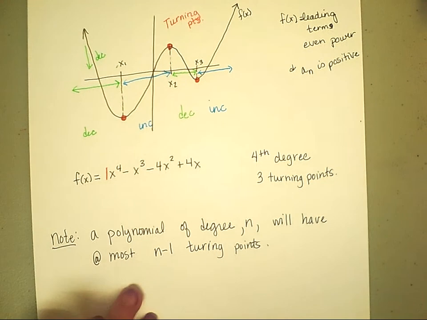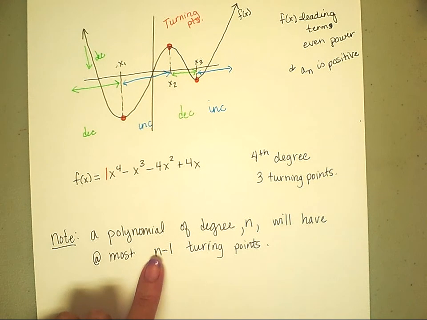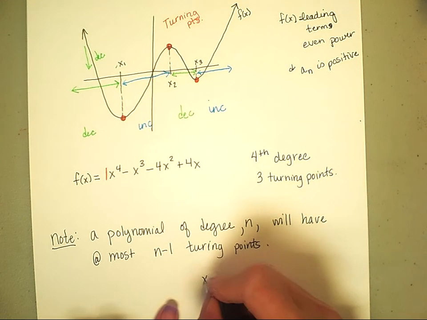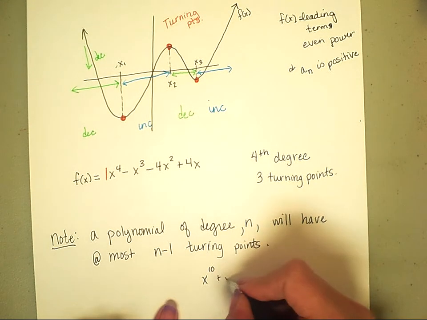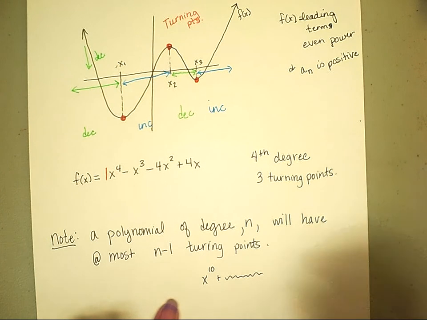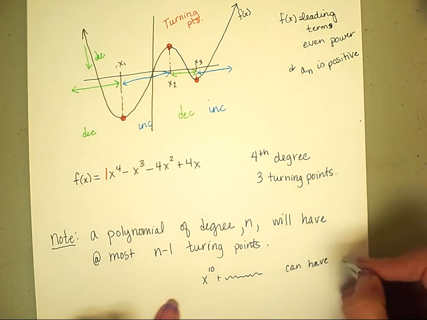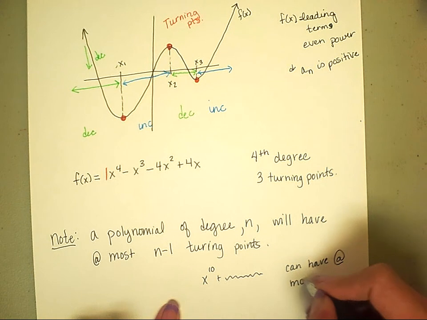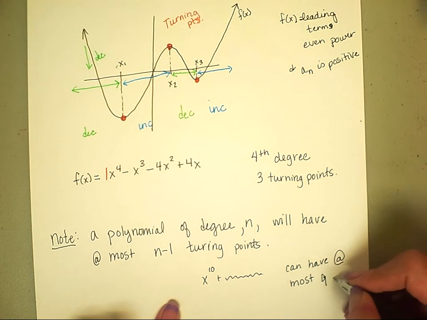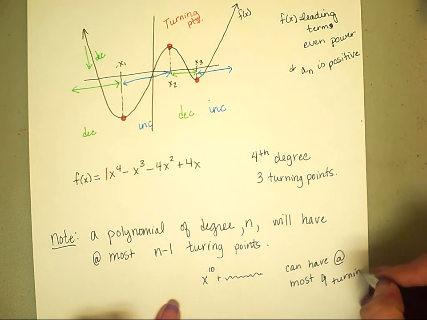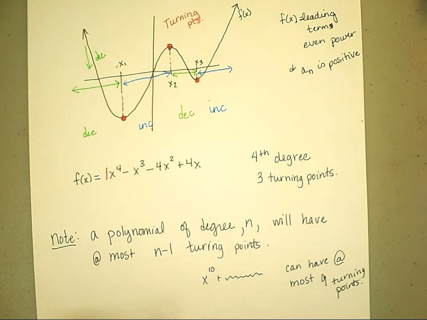It doesn't have to have all of them, but at most it will have that many. So, for example, if we had x to the 10th plus however we vary it, it can have at most 9 turning points. So we'll see this happen.